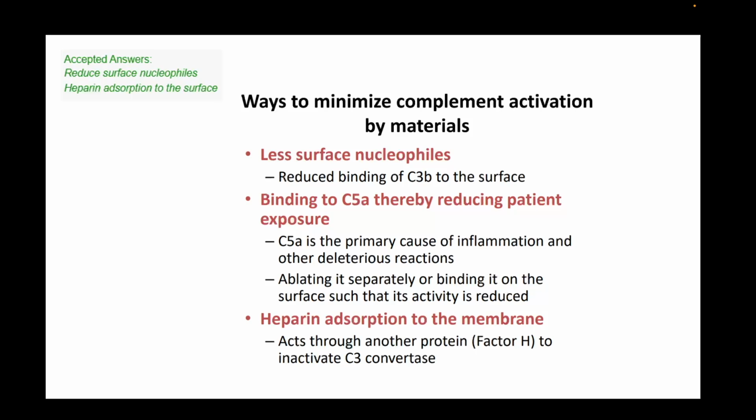Decreasing the nucleophilic functional groups, for example amine or hydroxyl groups on a surface, can reduce complement protein binding and subsequent cascade activation by limiting the sites for C3b covalent attachment. So reducing the surface nucleophiles will reduce the sites of attachment of C3b and subsequently inhibit further complement cascade activation.